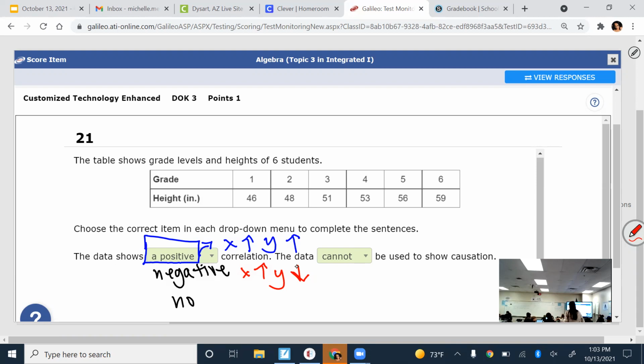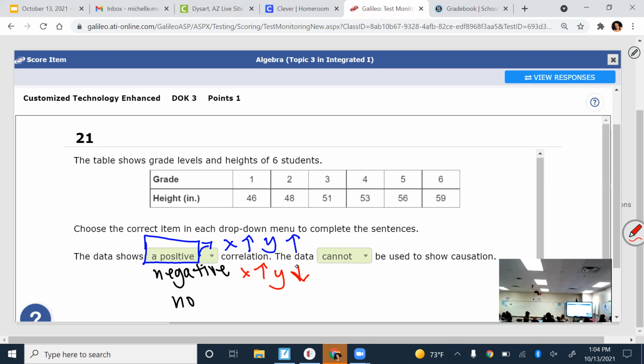There's 6 grades. It's your hormones that cause you to grow. But anyway, can there be a 6th grader that's shorter than a 4th grader? Yes. So that's why, again, there's not causation. Causation is really hard to prove. So when in doubt, probably just pick no to be on the safe side. Questions there?